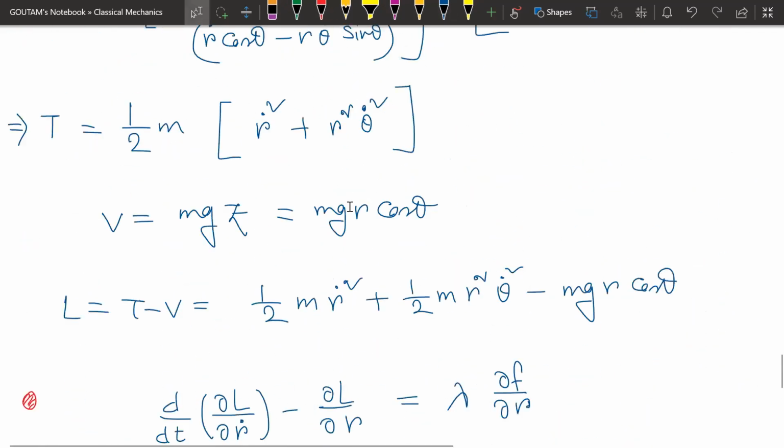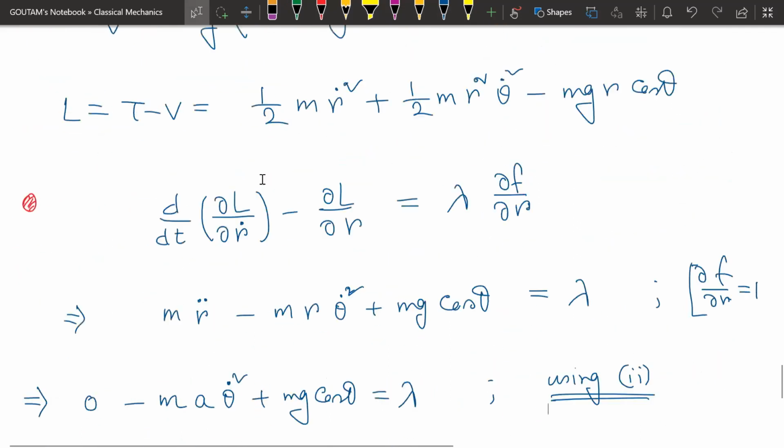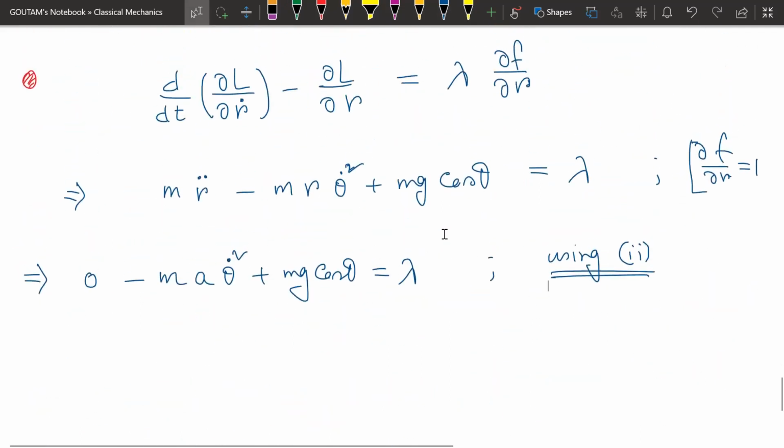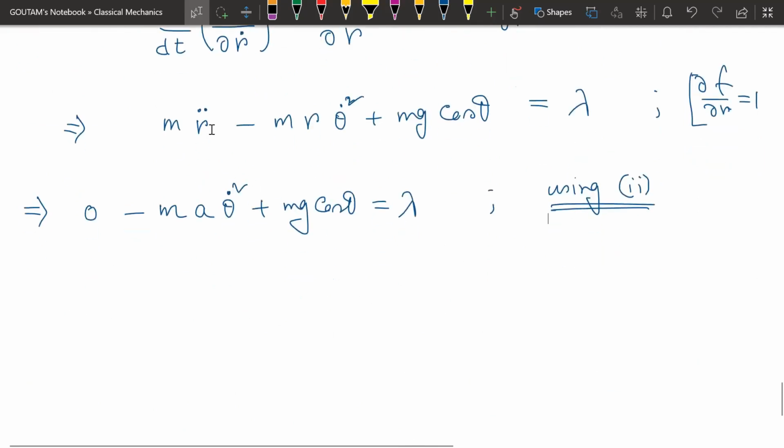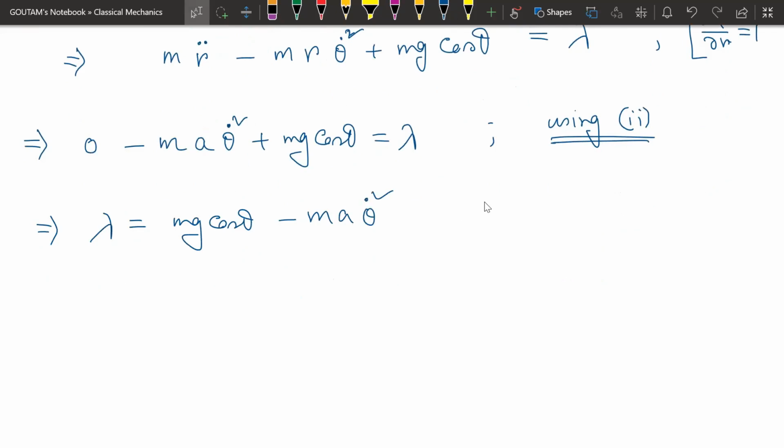So we had r equals to a, right? So r is constant. That's the constraint equation we are using here. So then r double dot will be 0, r equals to a, and we got this equation. So in that case, lambda will be mg cos theta minus m a theta dot square.